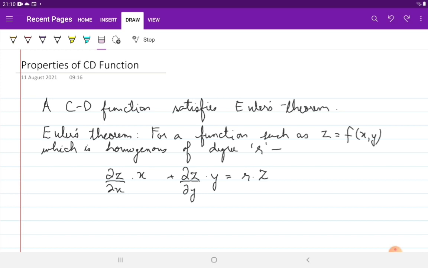It states that for a function such as z, which is a function of x comma y and homogeneous of degree r, the following property would hold.